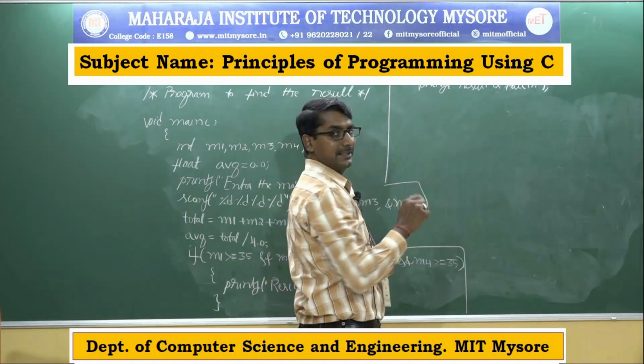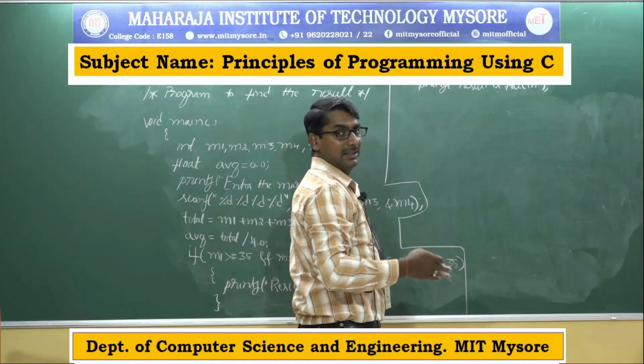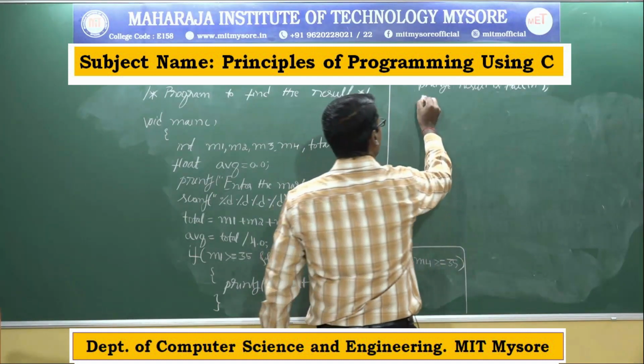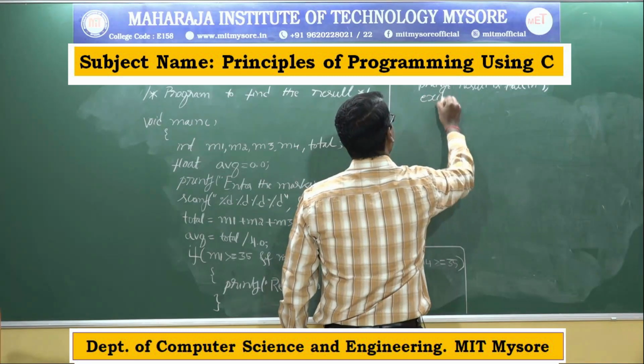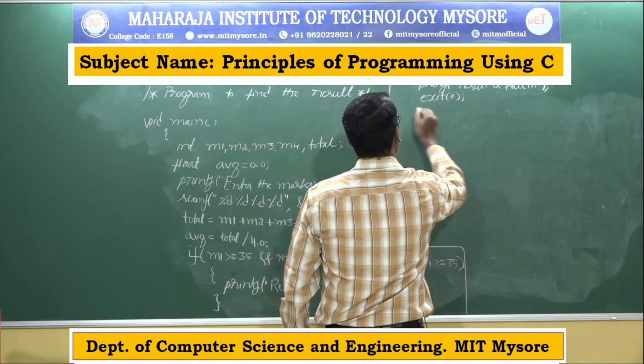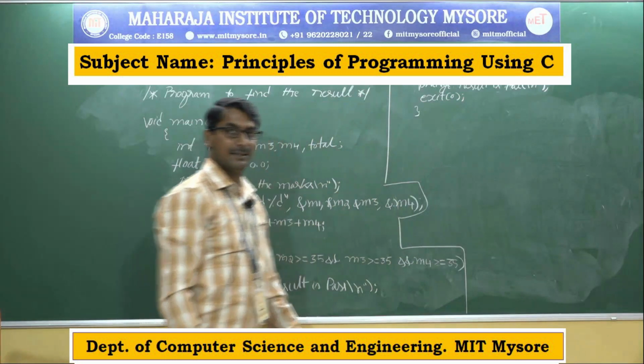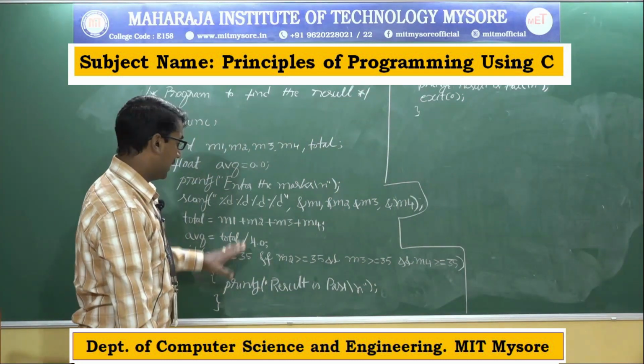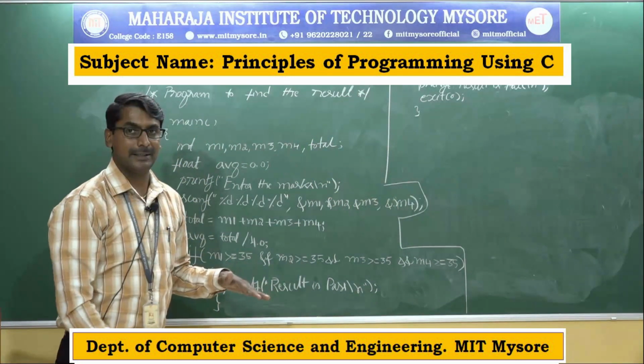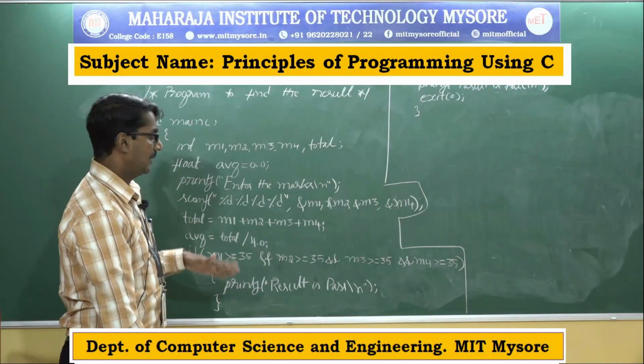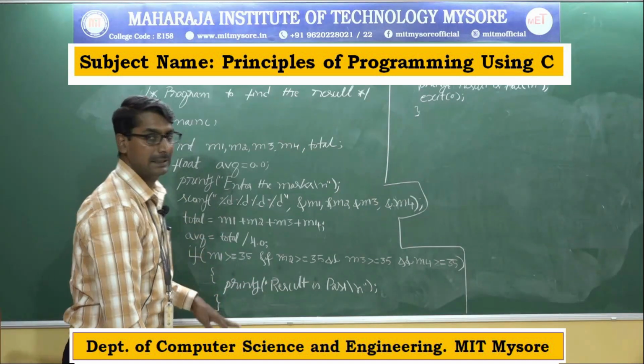Once result is fail, no need to verify the class, so I'll terminate the program with exit 0. If the result is pass, next we need to verify the class.